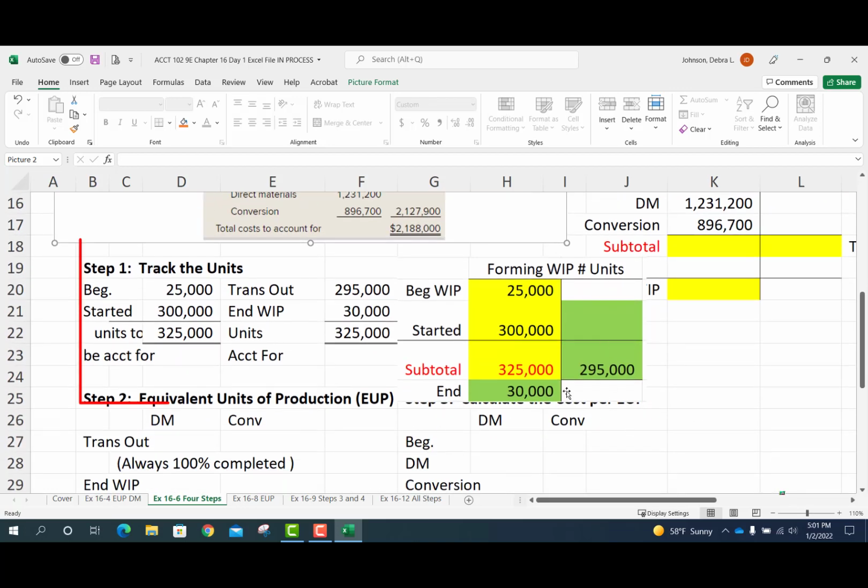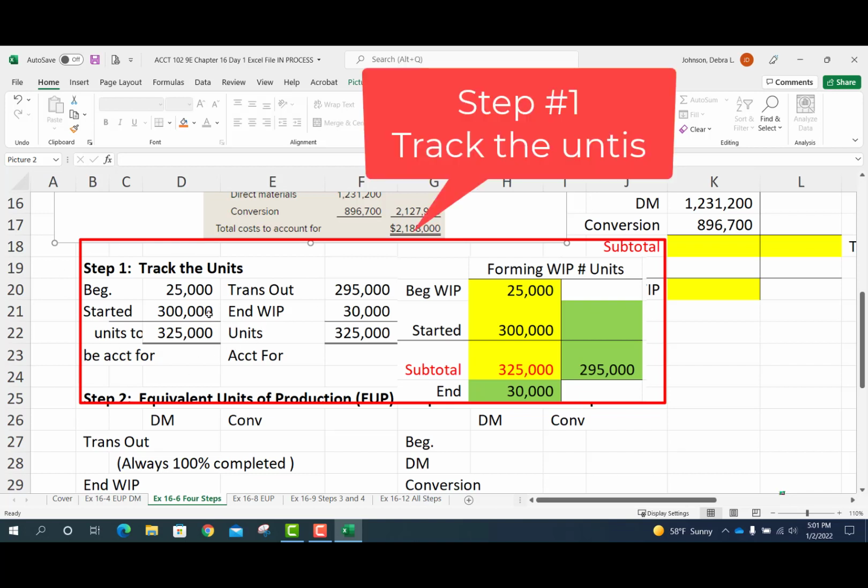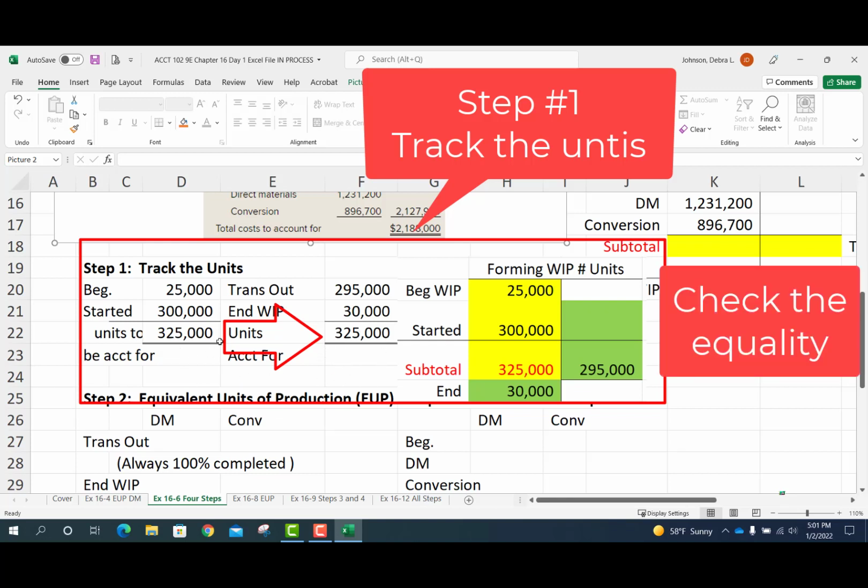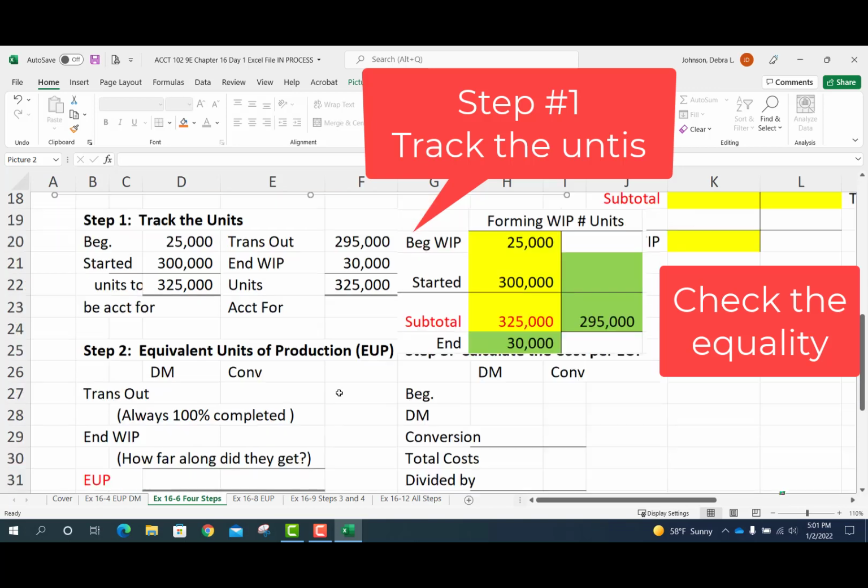So here we see the same T account with the items on step 1 filled in. So it's the exact same data. Here's the yellow side of the T account. Here's the green side of the T account. These two numbers always have to balance. So in your notes, the equality on step 1 is imperative before completing the next set of steps.